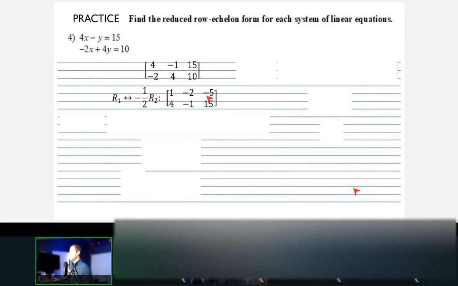All right. What's our next step? What's our next operation? -4 times row 1 plus row 2. We're trying to get everything below that 1 to be 0.